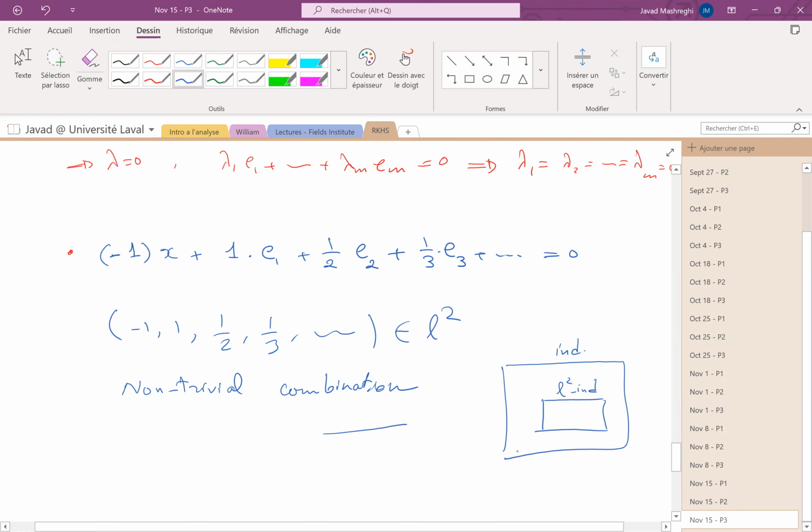And in omega independent, they even do not assume that the coefficients are in L2. So it's something even smaller, omega independent. I don't use this, I just use the L2 independent.